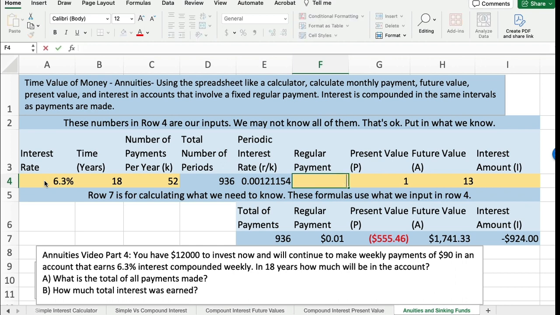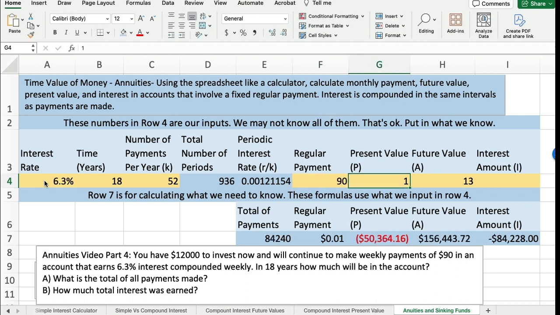Whoops, I typed in 90. There we go. We're making a regular payment of $90. And what is the present value? Well, that's not zero because it says that we have $12,000 to invest now. So we're going to start with $12,000. And future value is unknown, so we're going to leave that blank.